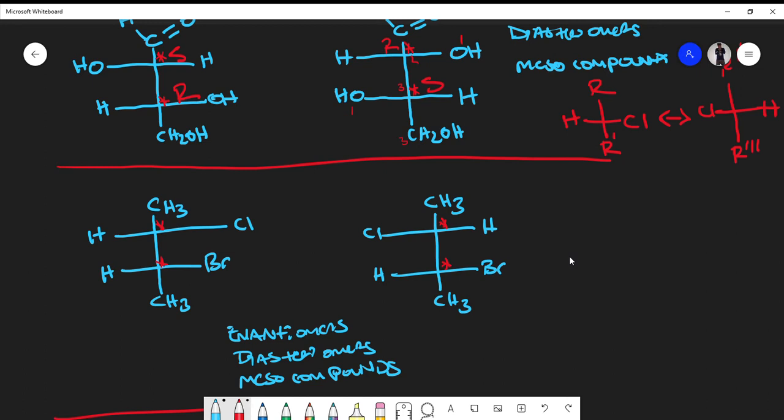Now, do the configuration. Would this be R or would this be S? If we do this real quick, if we go out from this carbon, this would be 1, so that will get the number 1 priority. If I go out 1 here, I get a carbon. If I go out 1 here, I get a carbon. The next step out would be to the bromine, so this would win out.